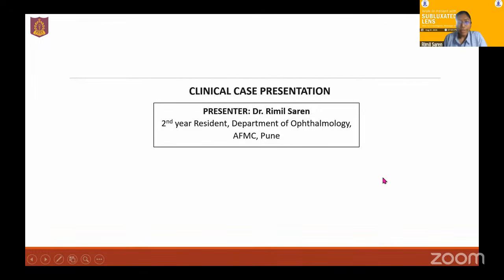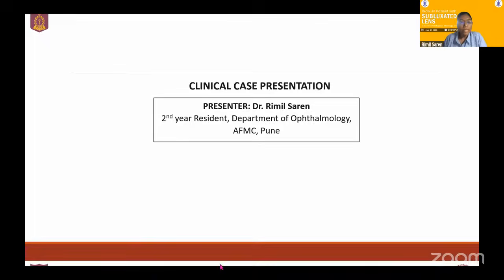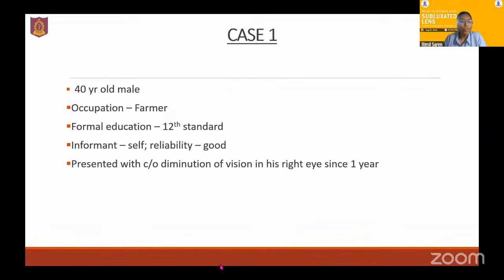So, good evening, everyone. Today, I'll be presenting few cases on different spectrum of subluxation of lens. Starting with my first case, who's a 40-year-old farmer who presented with complaint of diminution of vision in his right eye since 1 year.